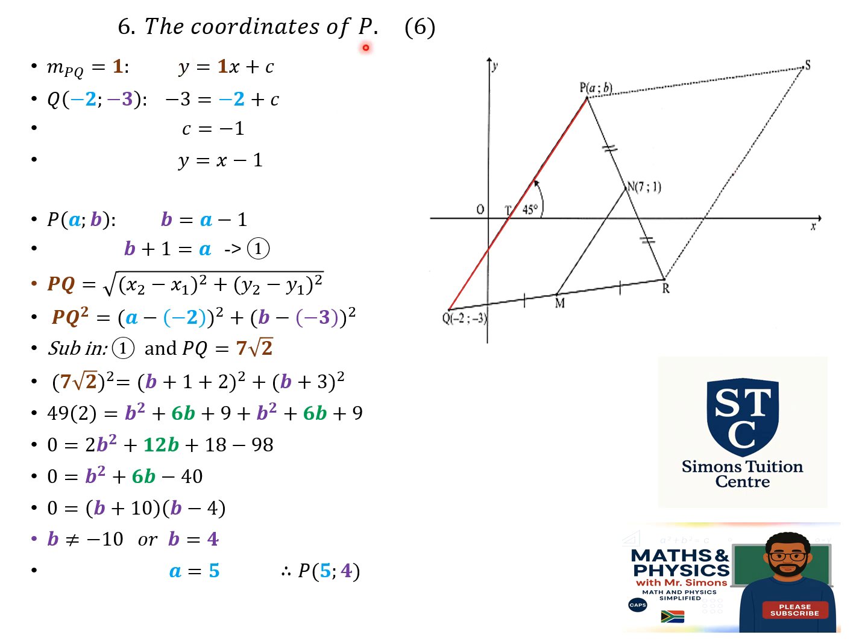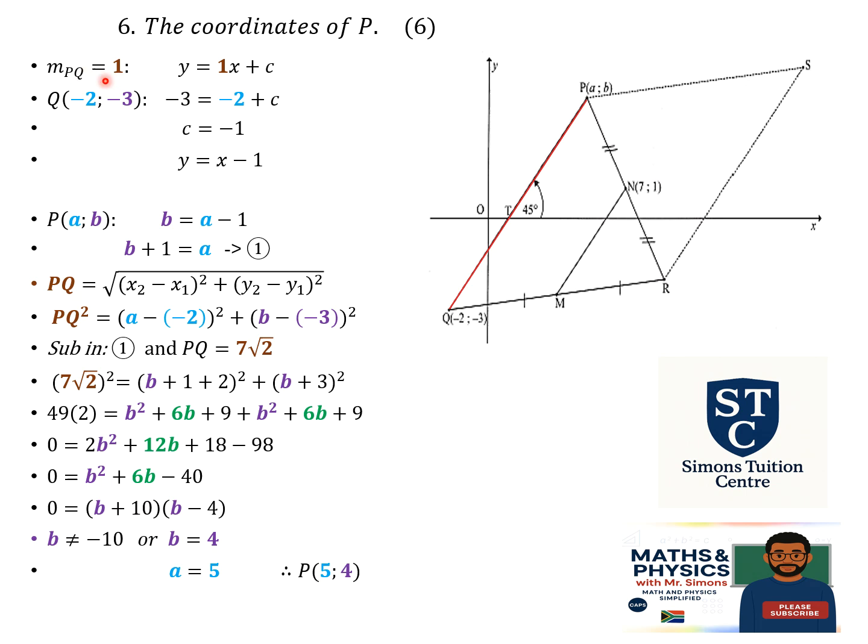The coordinates of P. So we want P, A and B there. We don't have the equation of PS, and I can't use PR. But what's given to me, I worked out the gradient of PQ, which is 1, and I also have the distance of PQ, which is 7 square root 2.